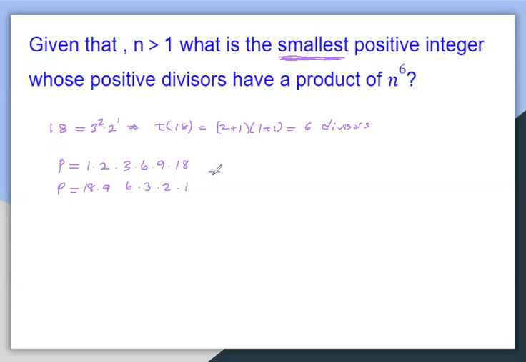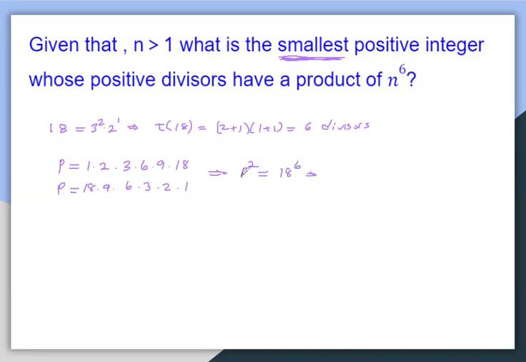The reason is that I'm going to multiply these two equations. That will give us p times p, which is p squared. These two give 18, these two 18, these two 18, these two 18, these two 18. So we have 18, but how many times? We have 6 times, because we have 6 divisors. The number of 18s is actually the number of divisors, so in this case it's 6.